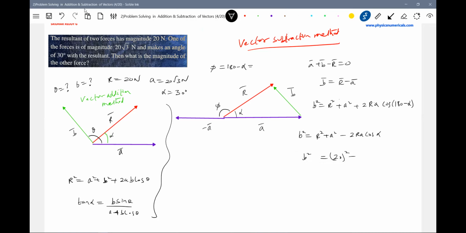This B square. A is 20 root 3, whole square, plus 2 times R, the value of R is 20 root 3, times cos alpha, which for 30 degrees is root 3 by 2. Okay, this is the cos alpha value. Solving this, we'll get the expression for B. P will be 20 Newton.